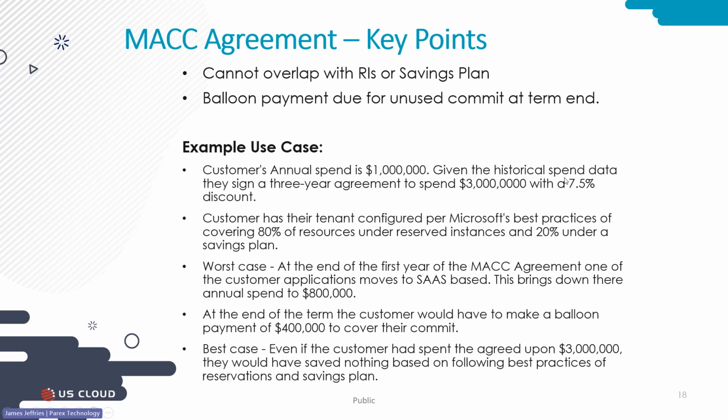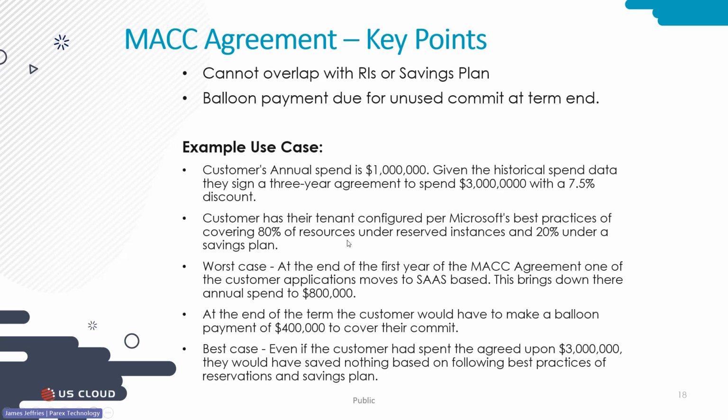That 7.5% discount only applies to resources not covered by our Azure savings plan. So if the customer has their tenant configured per Microsoft's best practices using the 80-20 rule, they're going to save nothing because there's nothing left to save on the 7.5.